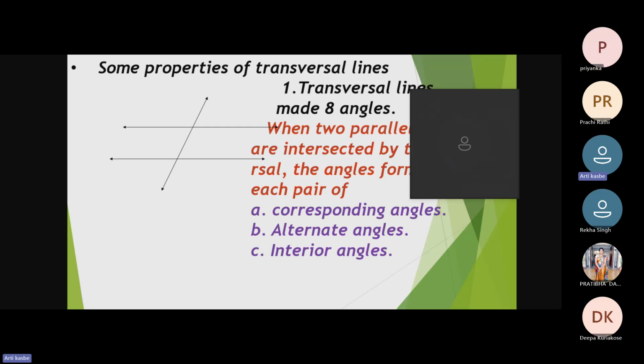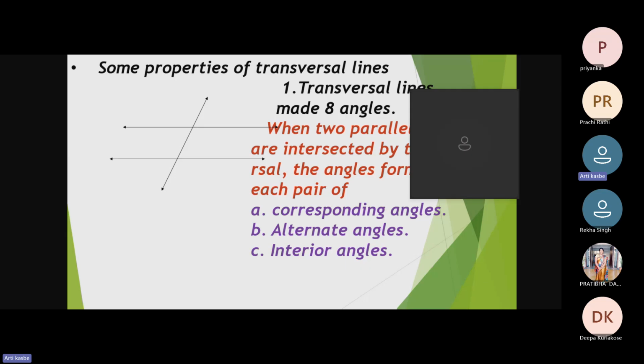Now tell me the definition of transversal line. If a line intersects two or more given lines in two or more distinct points, then the line is called a transversal line. Now some properties of transversal lines.